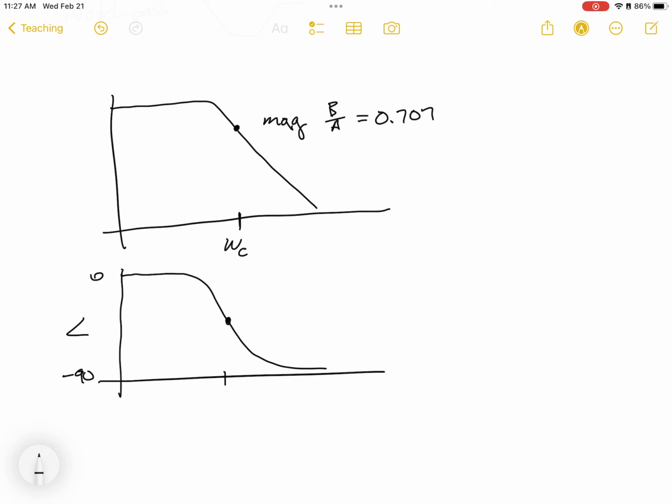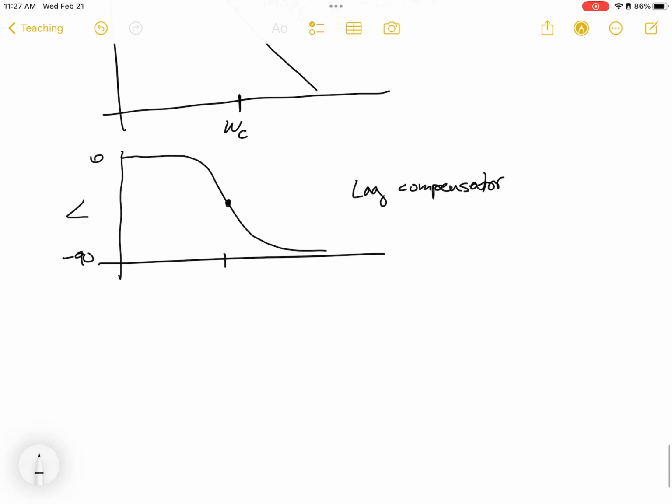And this is what's called a lag compensator. If that phase offset is less than 0, that means that your response happens after your original signal.